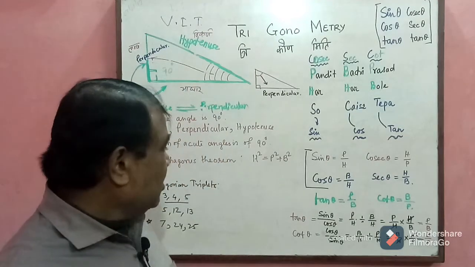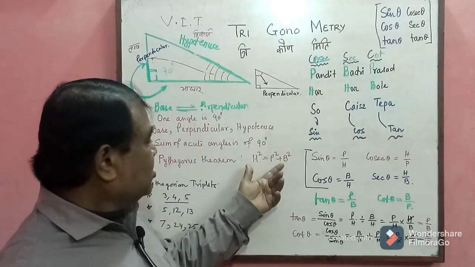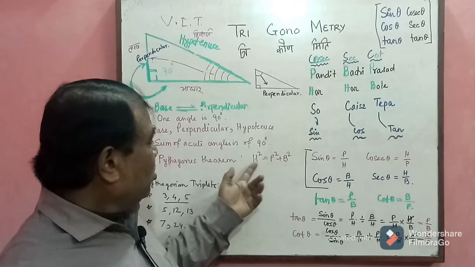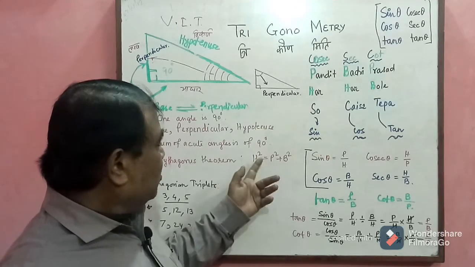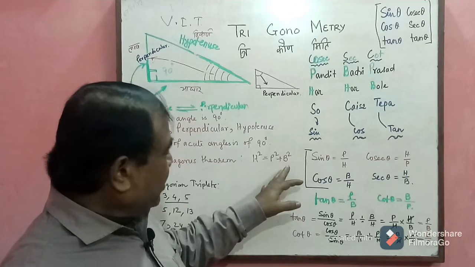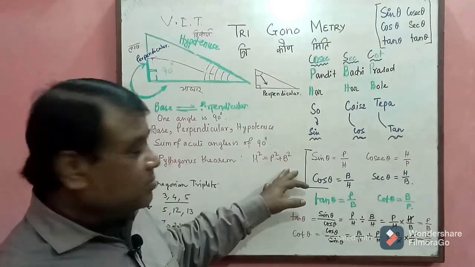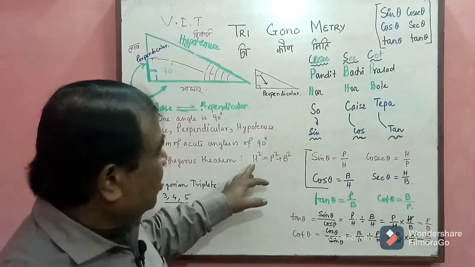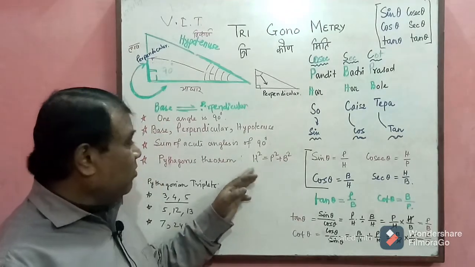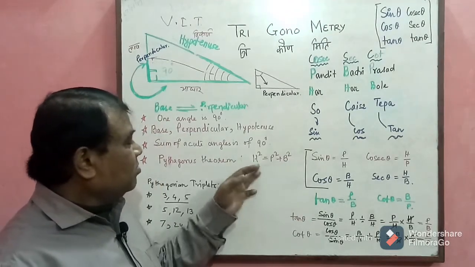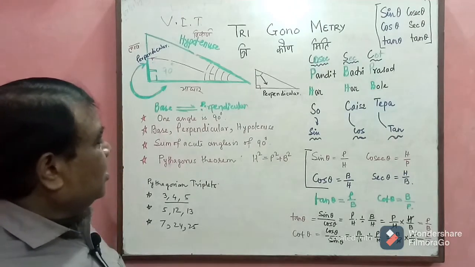That means if we know perpendicular and base, we will definitely find the hypotenuse with the help of the Pythagoras theorem.